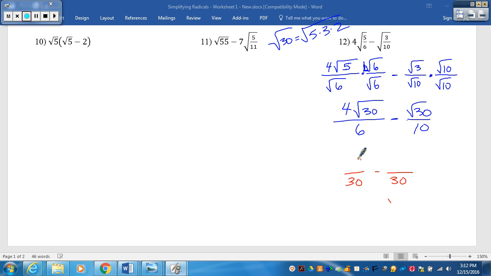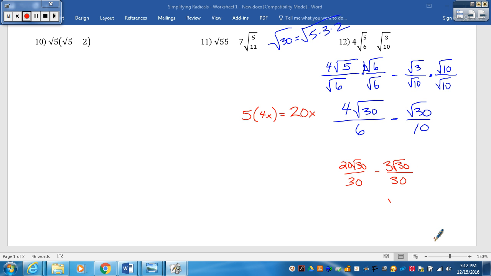Now, to get this number here, I know that 6 times 5 is 30. So I have to multiply this times 5. Now, if you think about it, what would this be? It'd be 20x, right? So this right here multiplied by 5 would be 20 radical 30. Okay? In the other fraction, 10 times 3 is 30. So if I multiply this by 3, it's just going to be 3 radical 30.